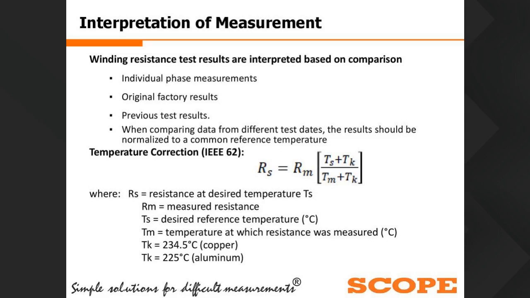For temperature correction, IEEE has given the formula: RS = RM × (TS + TK) / (TM + TK). Here RS is the resistance at the desired temperature, TS is the desired reference temperature, that is 75 degrees, RM is the measured resistance, TM is the temperature at which resistance was measured, and TK is a constant. If the winding material is copper, TK is 234.5, and if the winding material is aluminum, TK is 225 degrees Celsius.